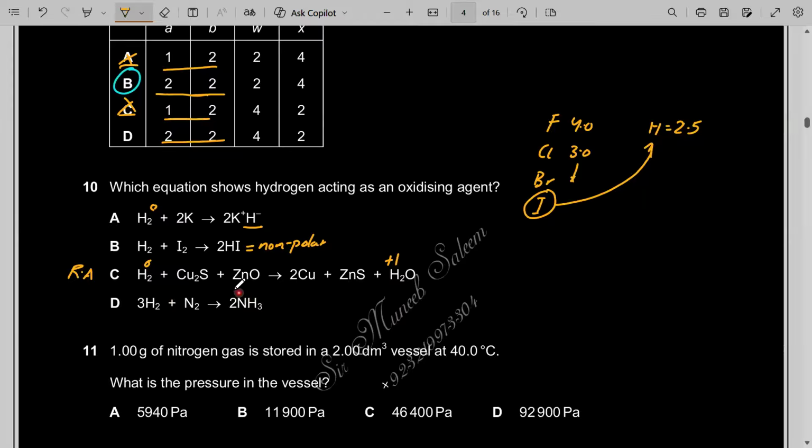In ammonia, nitrogen is -3, and hydrogen, for one hydrogen atom, is +1. So it is again a reducing agent in the D option. But in the A option, we can see hydrogen is -1 and it is reduced, which means hydrogen becomes the oxidizing agent over here. So that's why A is the correct option.